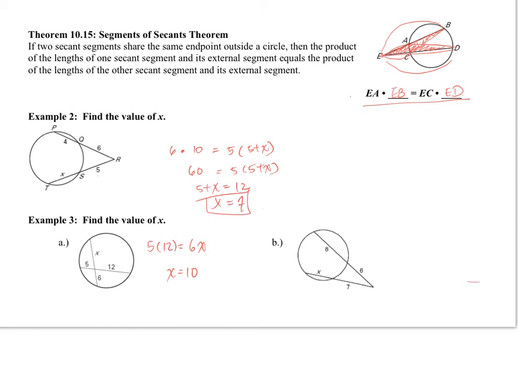And again, theorem 10.15, 6 times 6 plus 8, which is 14, equals 7 times 7 plus x, 4 equals 49 plus 7x, and then x minus 49 should be 5.